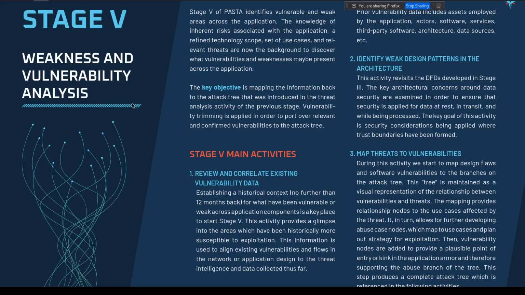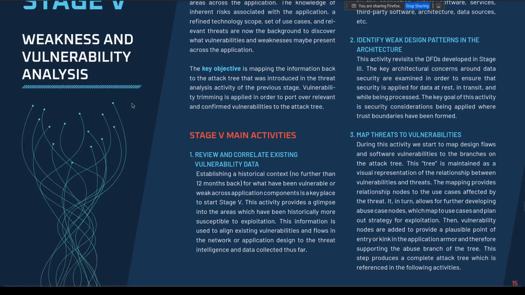And then the next is about identifying weak design patterns in the architecture. This will be very useful for software architects. What we will do here is try to identify vulnerabilities that exist in the architecture, like how the data in transit is being protected in the entire architecture diagram. Is TLS being implemented? Is mutual authentication being implemented for communication between internal services?